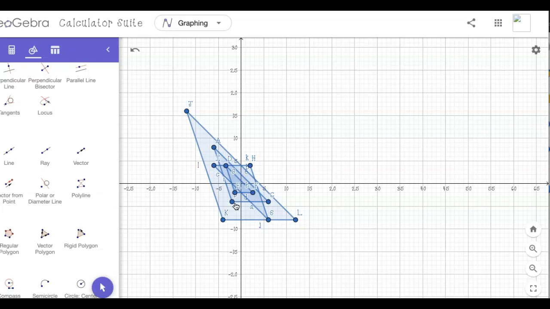When I multiplied by -1, my image was inverted or turned 180 degrees, but the polygon stays congruent. Side lengths, angles, all those things remain the same. When I multiplied by 2, my image became twice as big as my pre-image, so my side lengths increased to be twice as long. However, my angles remain the same, so I still have a similar figure, but it's not congruent.